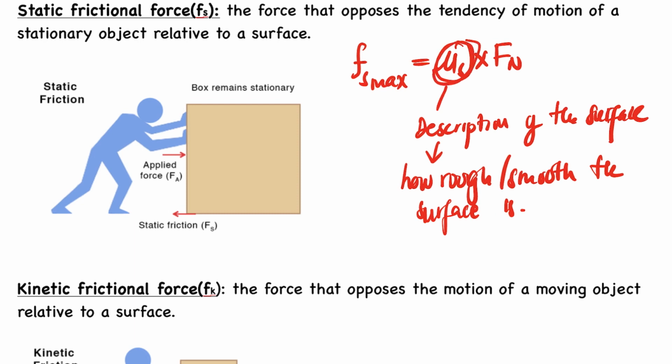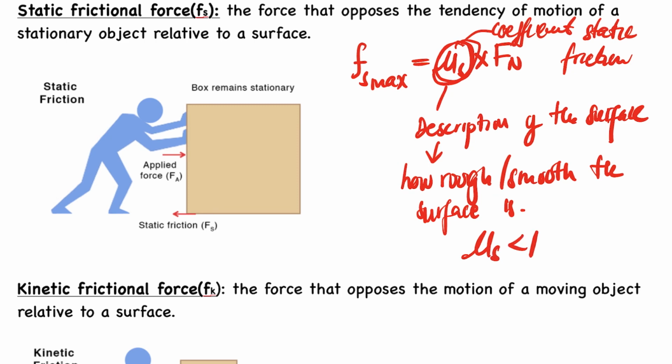This is mu s. It is the coefficient of static friction, and always the value of mu s must be less than 1, with no units.